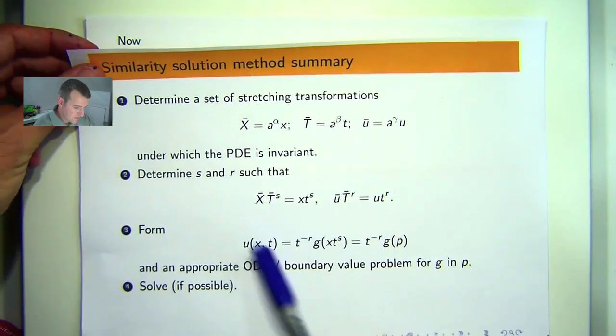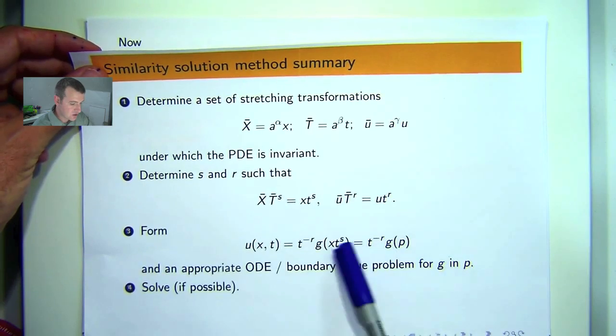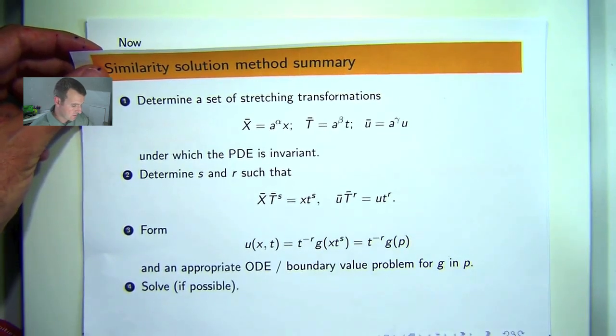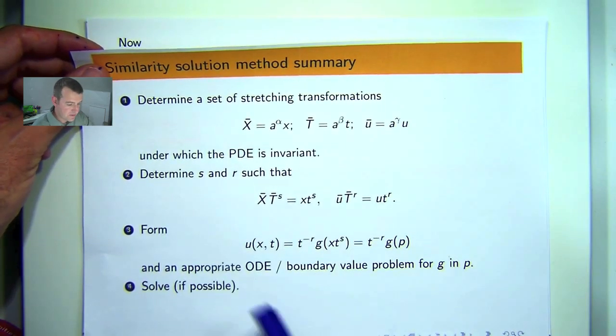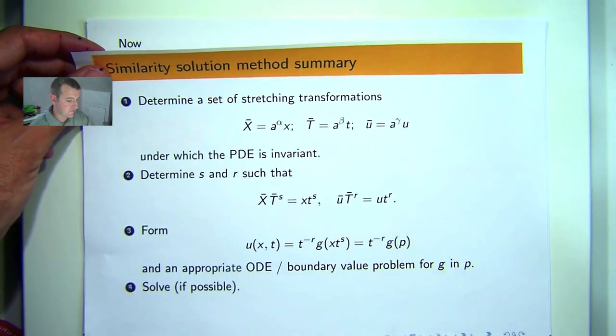So now we can move on to step 3 by forming this. P is our new combined variable. What we hope to do is form an appropriate ODE involving G and P and some boundary conditions.